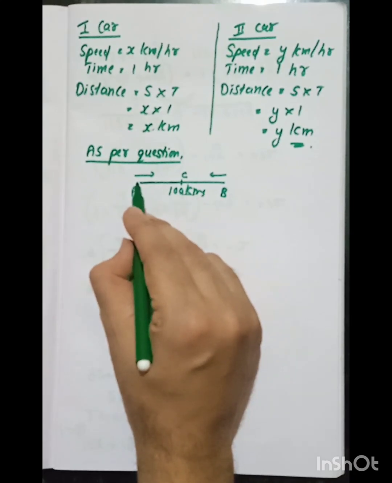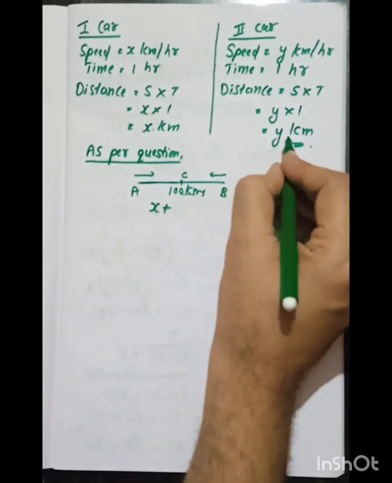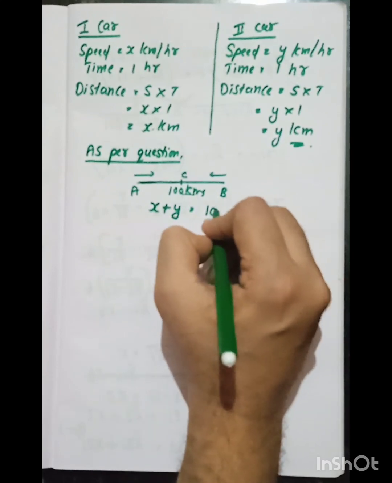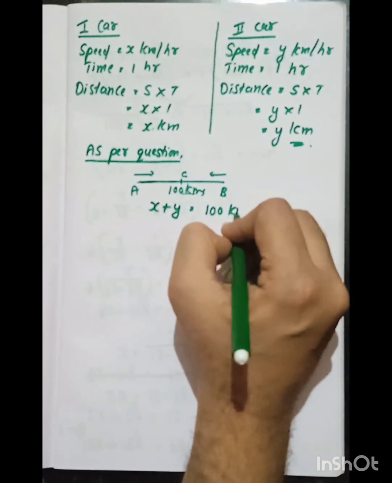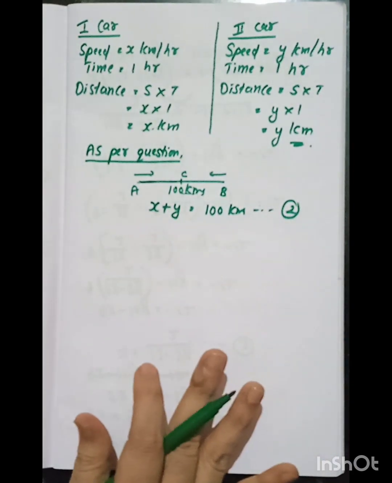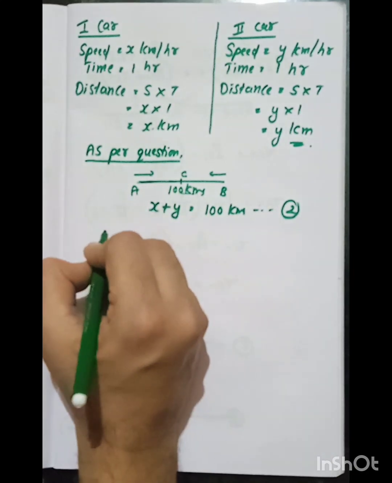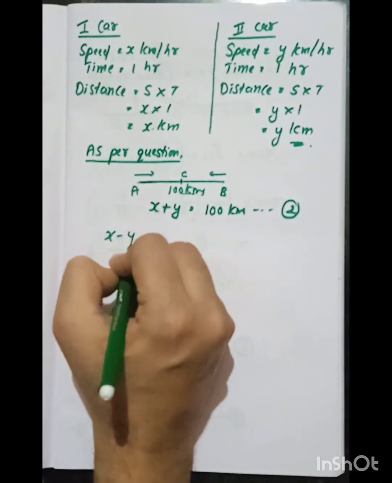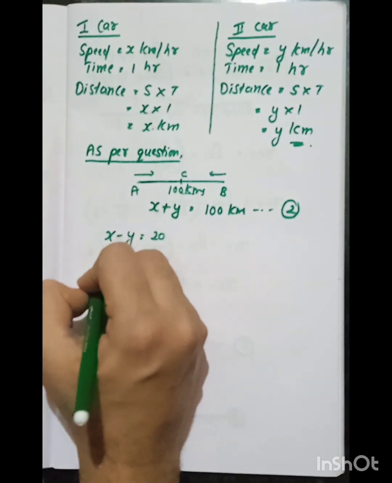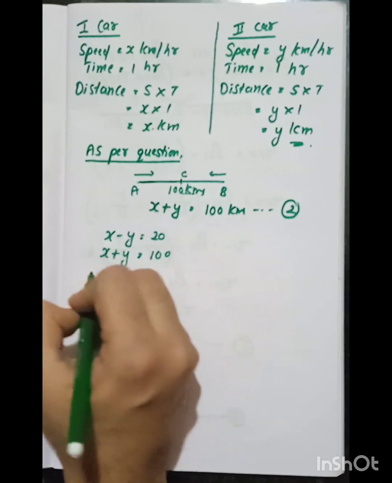The distance traveled by the first car is x plus the distance traveled by the second car is y. If we add together, the distance is equal to 100 kilometers. Take it as equation 2. Now let's simplify equation 1 and equation 2. Equation 1 is x minus y equals 20. The second equation is x plus y equals 100.